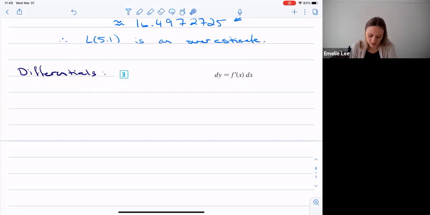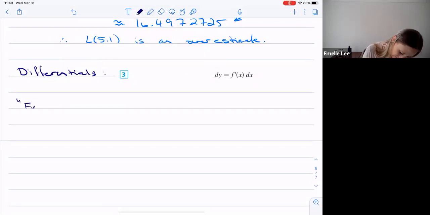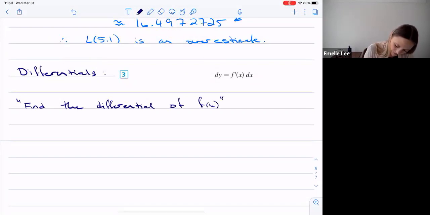Notice that all that's happened is we've taken dy dx and then we've multiplied the dx over, which feels weird, but you know how to find the derivative of some function, and that is dy dx. And then the differential is just multiplying this dx over. So the question will ask, find the differential of f of x.